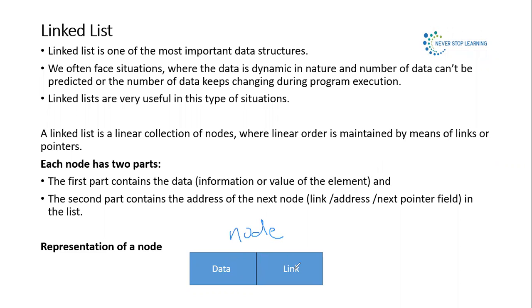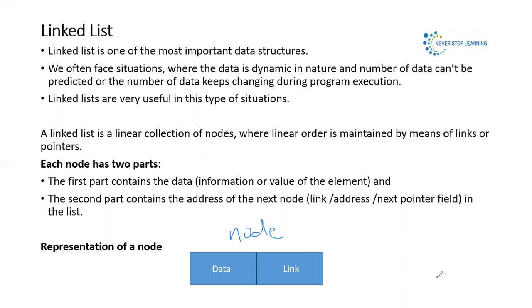Don't worry, they are one and the same thing. So this first part will contain information or value of the element, which is the data part. So data part is going to contain information or value of the element. Link part is going to contain the address of the next node.